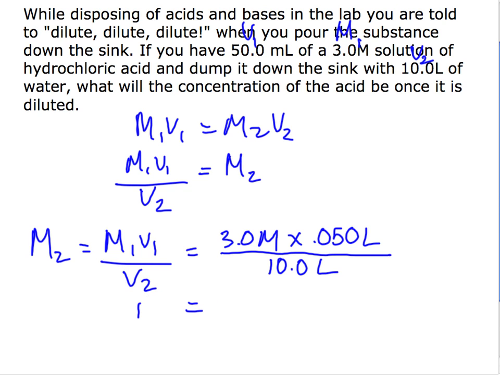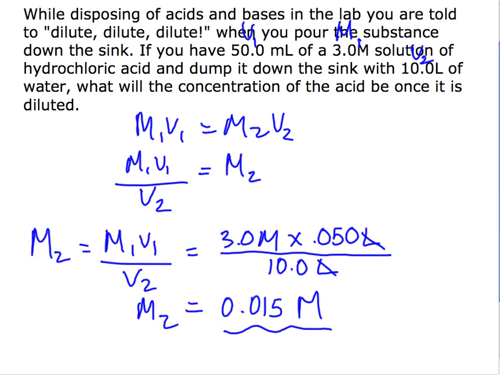If I take that to my calculator, the final molarity of that solution, once I've diluted it with a ton of stuff, will be 3 times 0.05 divided by 10.0 equals 0.015. The liters cancel, molar. So 0.015 molar, that would be the concentration.